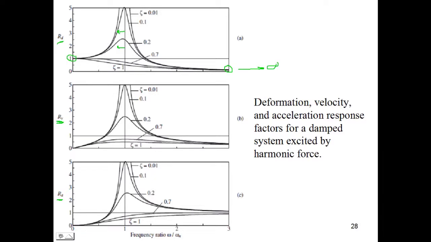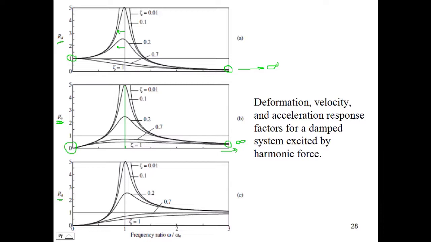The velocity response factor Rv is 0 at omega over omega n equals 0, peaks at omega over omega n equals 1, and approaches 0 as omega over omega n approaches infinity.